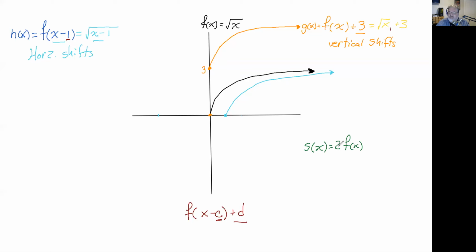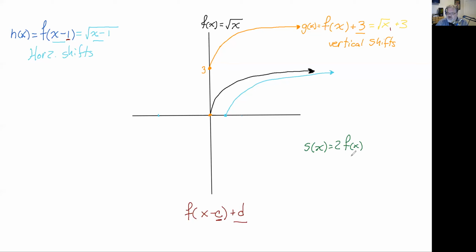So that's going to affect it differently than the adding did. But because this plus 3 was outside, you remember it affected our y values. Similarly, with this times 2, the function has already occurred. Our y values have been generated, and those y values are being multiplied by 2. So it's only really affecting us in the y direction, the vertical direction.